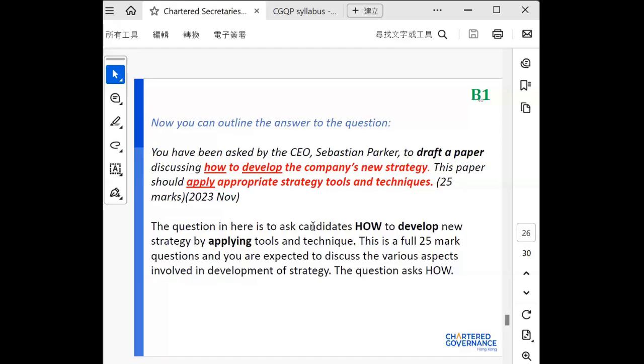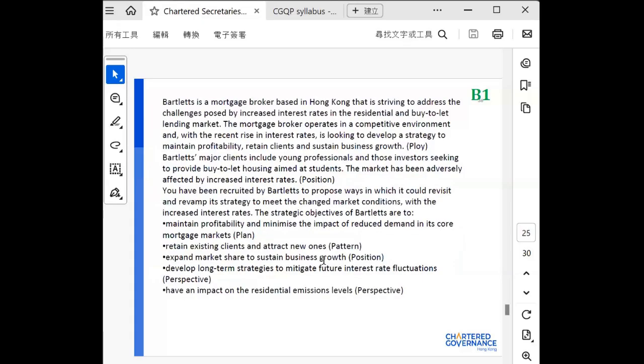Ploy in here is a specific maneuver against the competitors. They want to outwit them and counteract the competitors. So it's a tactical and very often short-term ploy used to gain the advantage in the competitive environment.